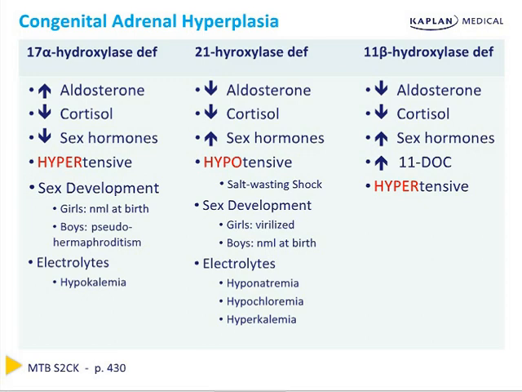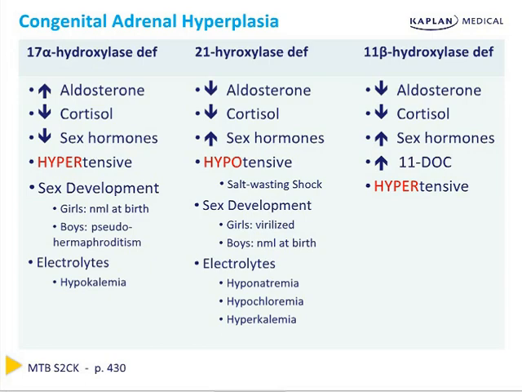So the key difference is that because all three of these deficiencies lead to the loss of cortisol, that leads to constant ACTH stimulation of the adrenal glands to make whatever steroids are available. And in the case of 11-beta-hydroxylase, that leads to not just the production of 11-DOC, but the overproduction of 11-DOC.